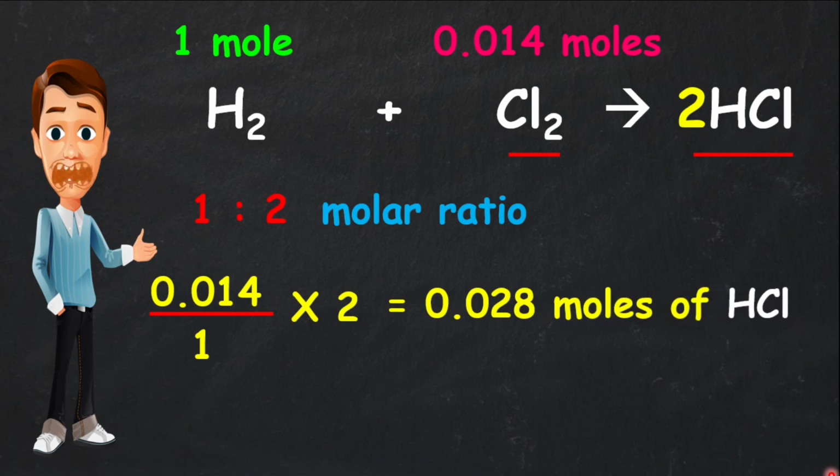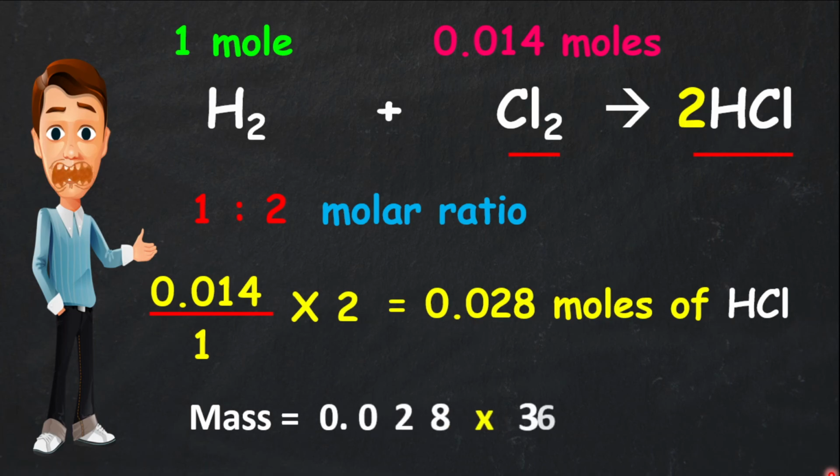This will give us 0.028 moles of HCl. Once you have your moles, you can go ahead and calculate your mass. Mass is equal to the moles multiplied by the RMM. So it is going to be 0.028 multiplied by 36. And 36 comes from the RMM of HCl.